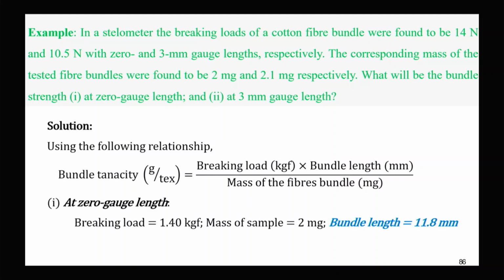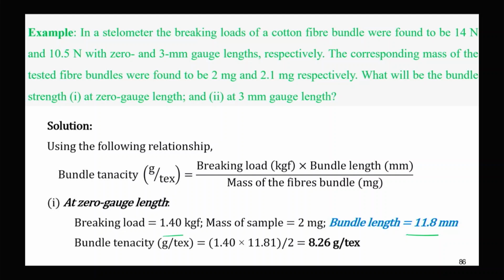So at 0 gauge length, the bundle length is 11.8 millimeter and breaking load is given as 1.4 kg force. So we can calculate the bundle tenacity using this relationship, 8.26 gram per tex.